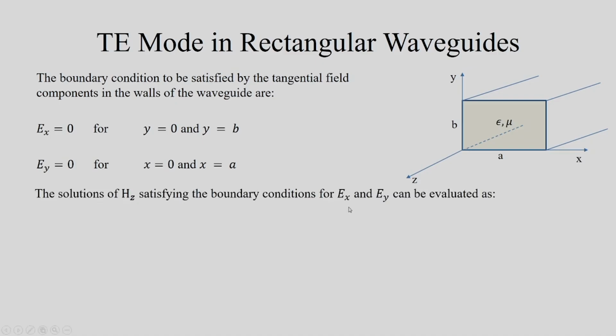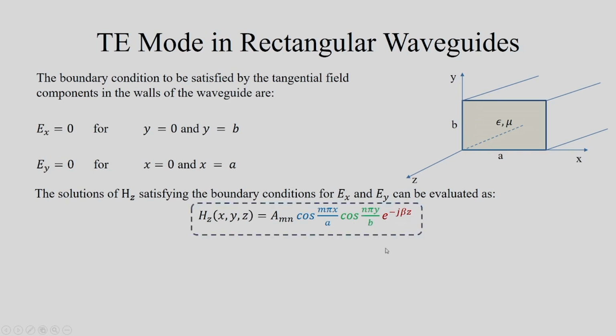So, once we apply this boundary condition, we have to find Hz which satisfies the boundary condition for Ex and Ey, and the solution of Hz that satisfies this type of boundary condition will be of this form: A mn cos m pi x by a cos n pi y by b e to the power minus j beta z.